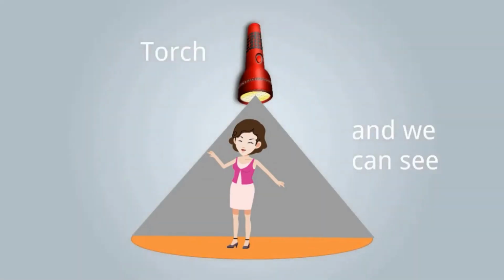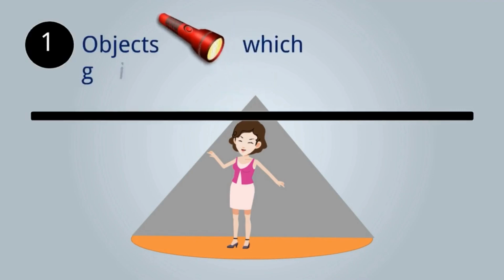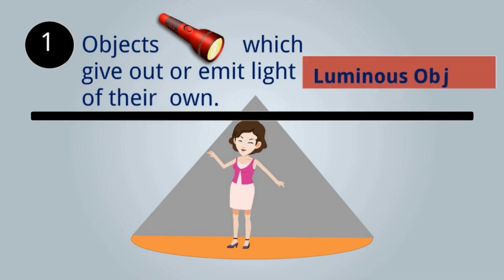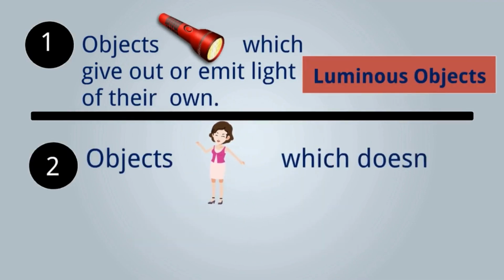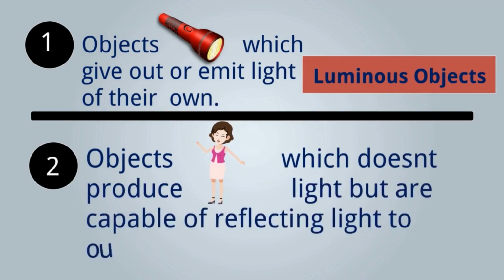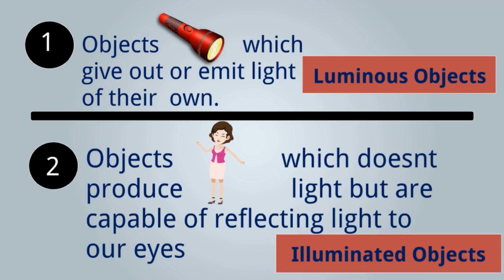Here you can see there are two distinct things. One, the objects which can give or emit light are known as luminous objects. And second, the objects which don't produce light but are capable of reflecting light to our eyes. That's the girl. She cannot produce light but is capable of reflecting it, and she is known as an illuminated object.